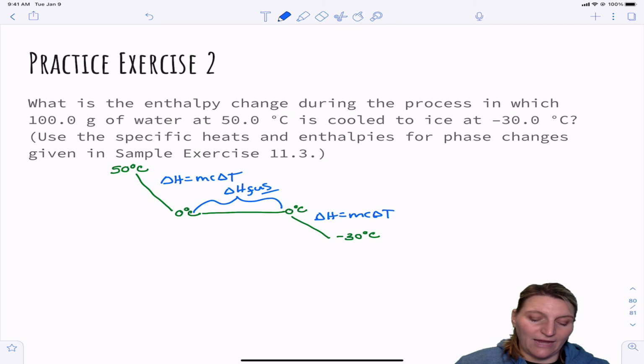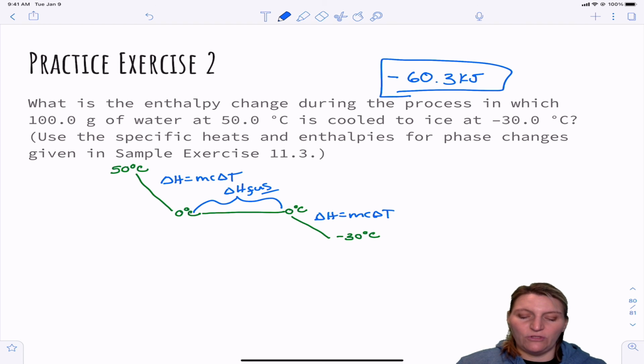The question is asking, what is the enthalpy change? So positive would mean we're adding energy, and negative would mean we are removing energy. So we would be removing energy in this case, and I got negative 60.3 kilojoules. So try to do practice exercise 2 on your own, and we'll check our answers in class.